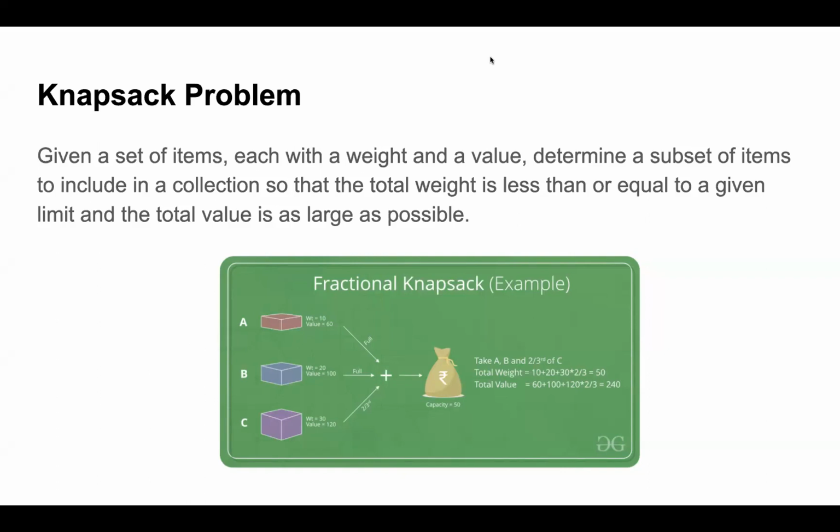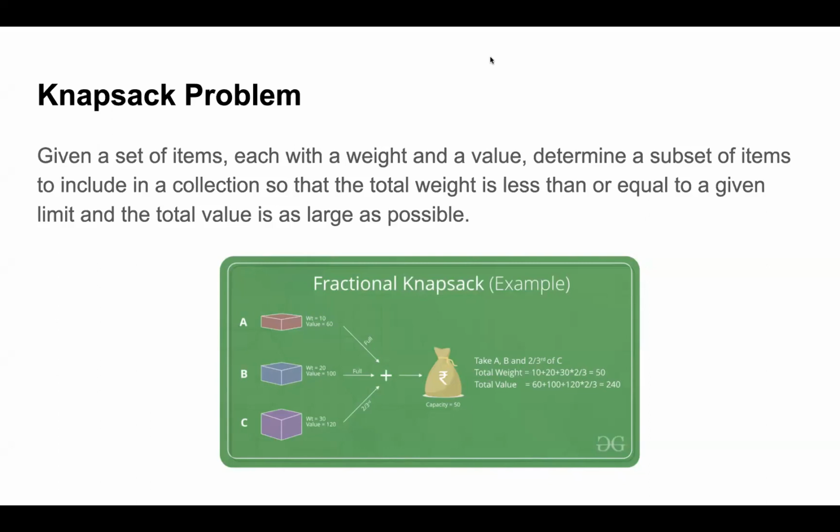It is the simple knapsack problem. But in fractional knapsack, what we are doing is taking a fraction of block C or item C, which will be 2/3. 2/3 means 20 of this. 2/3 of this C will go in this knapsack.